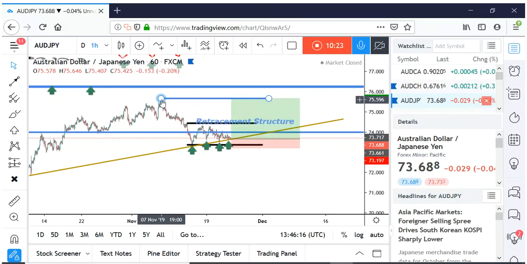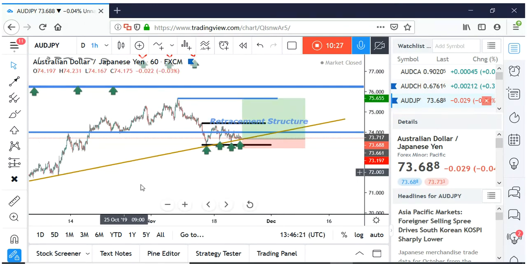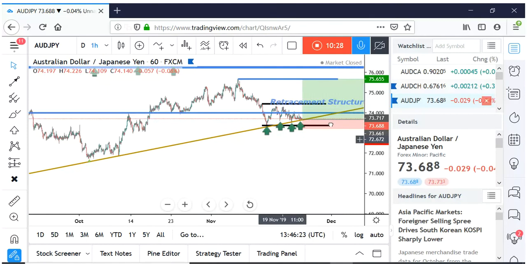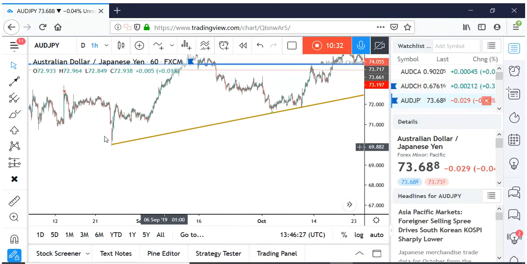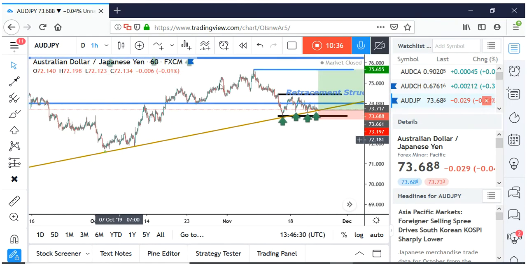Then the banks took profit of their long trade, their buy trade. They bought from here, and it got to here. They decide to take their profit because they know that a lot of traders are in these trades, because it's been making higher highs and higher lows for a long period of time.